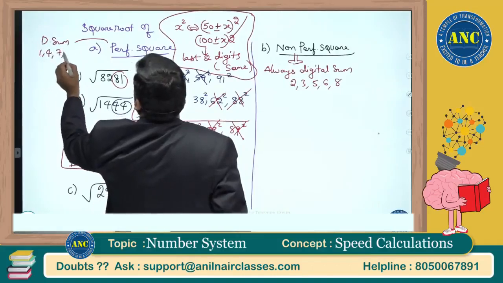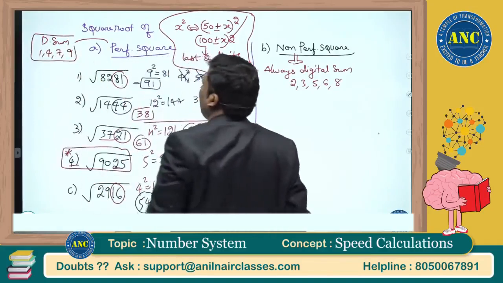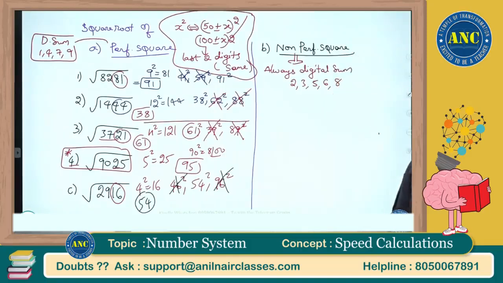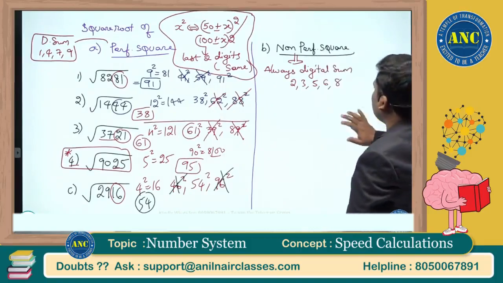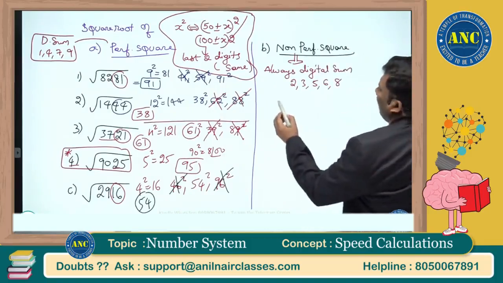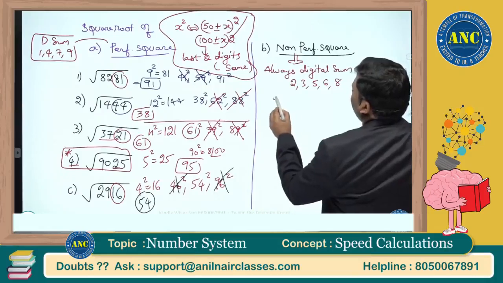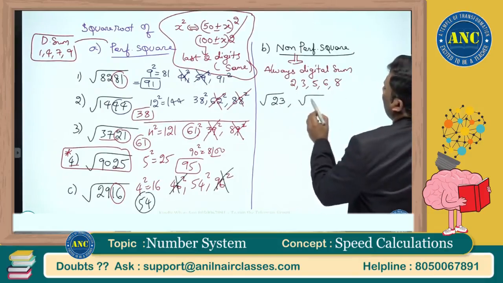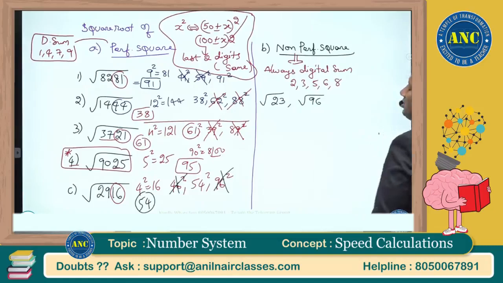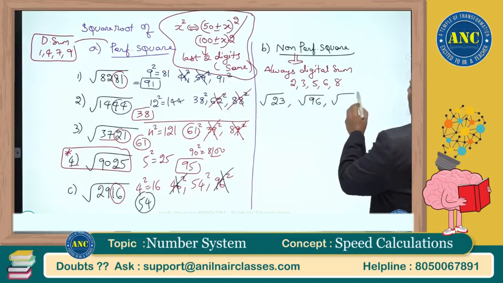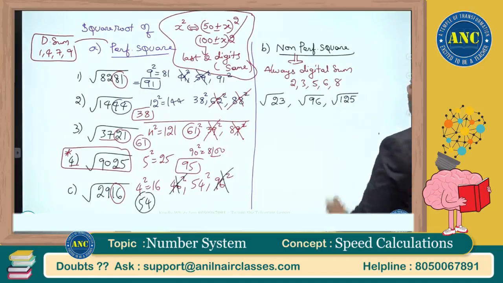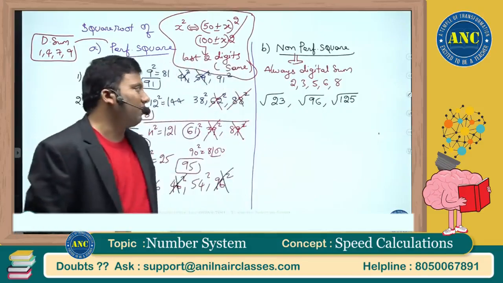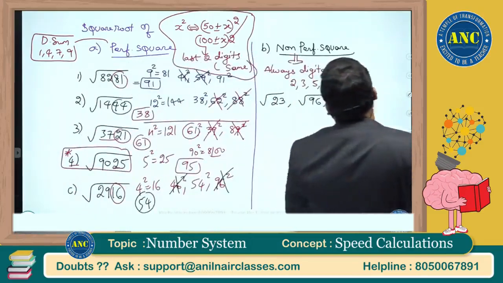The remaining are non-perfect squares. For example, if the number is 23, 2 plus 3 is 5, non-perfect square. If it is 96, 9 plus 6 is 15, a non-perfect square. Suppose it is 125, the digital sum is 8, it is a non-perfect square.